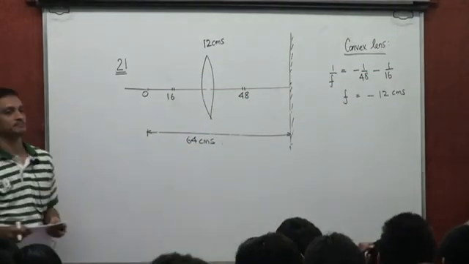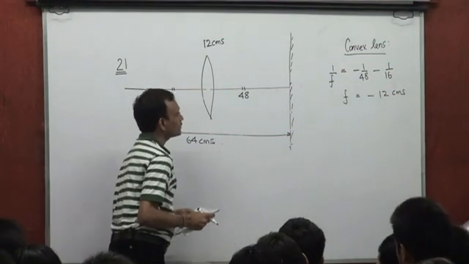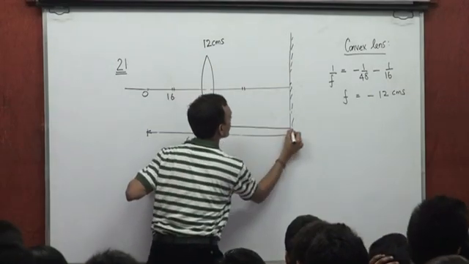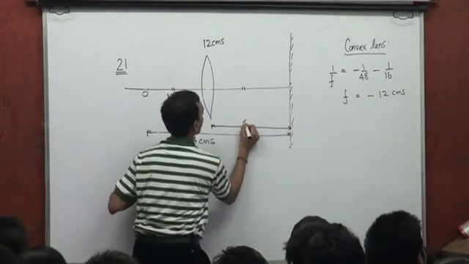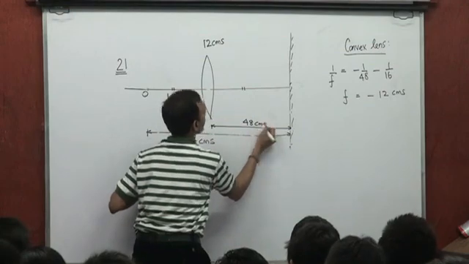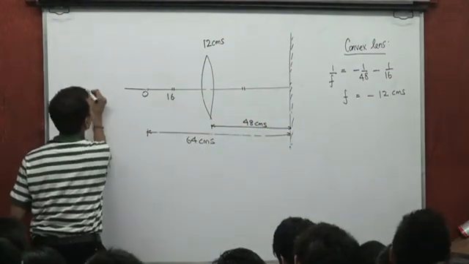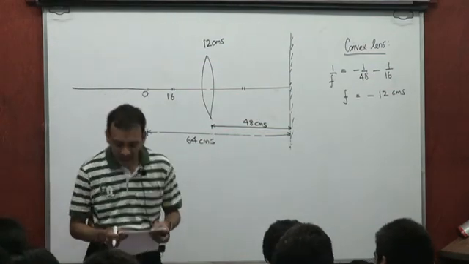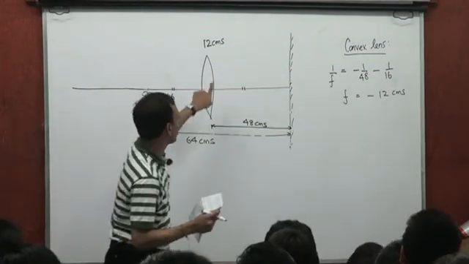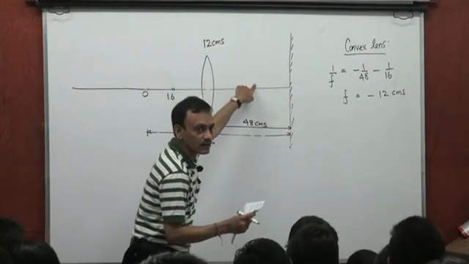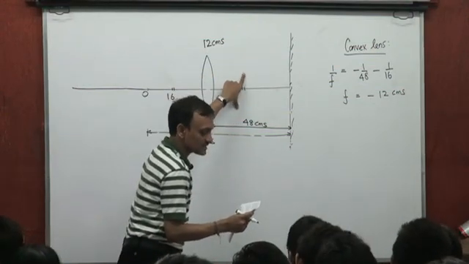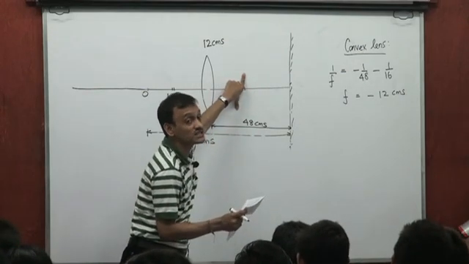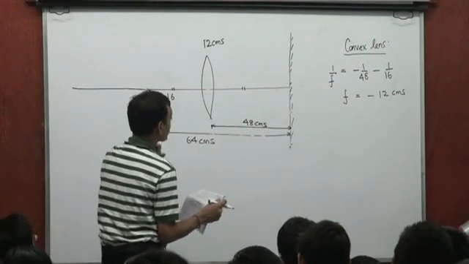Now the next part of the problem. A concave lens is then introduced between the convex lens and the screen at a distance 6 centimeters from the convex lens.